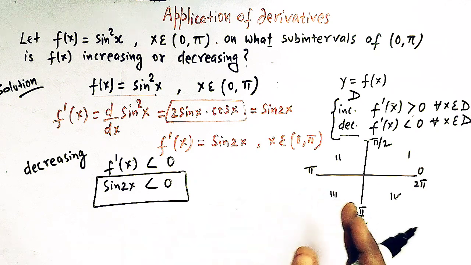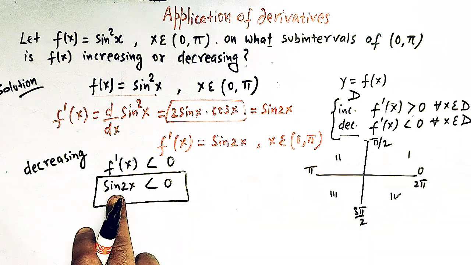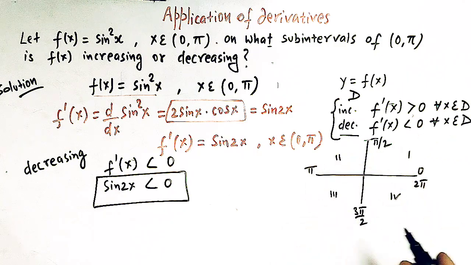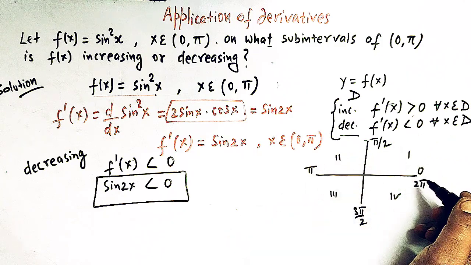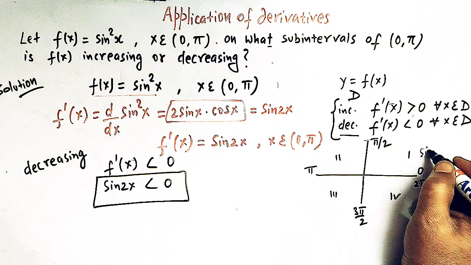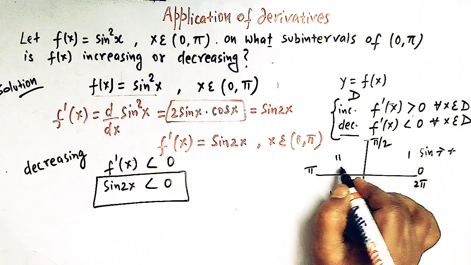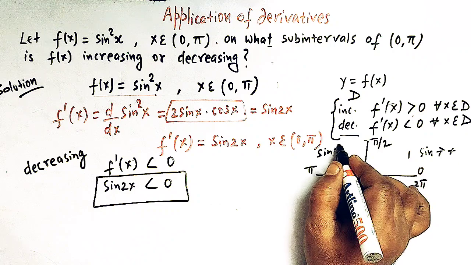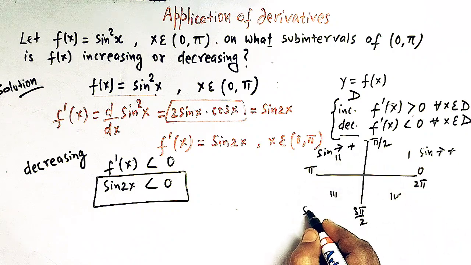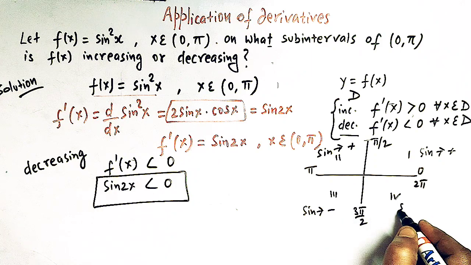So now again we'll take help of the sign convention of trigonometric functions in four quadrants. We have already discussed that in the first and second quadrant the sine function is positive, right? And in the third and fourth quadrant the sine function is negative.